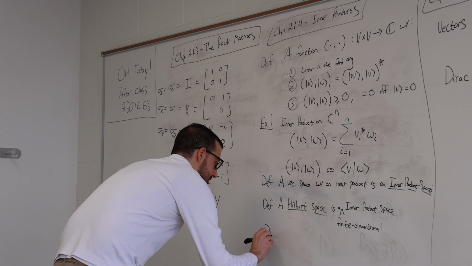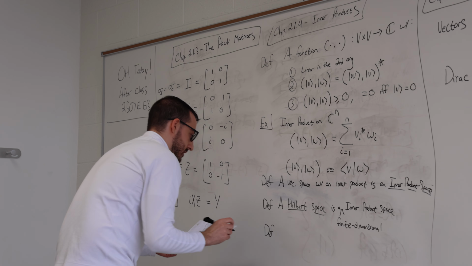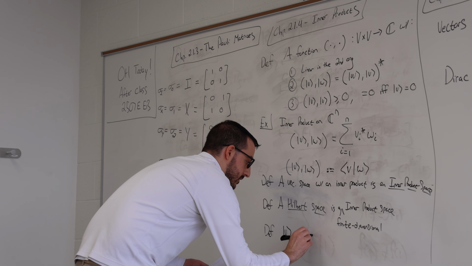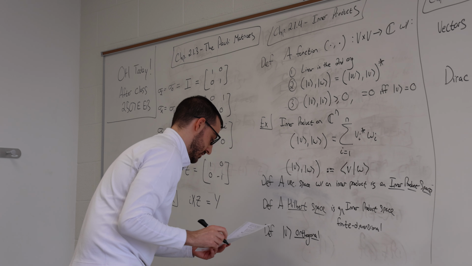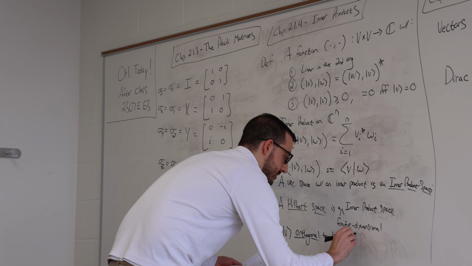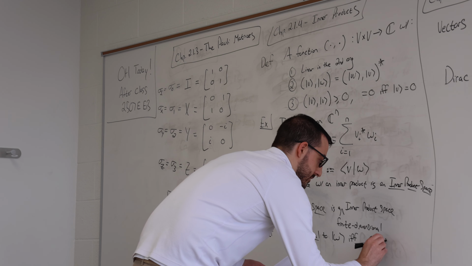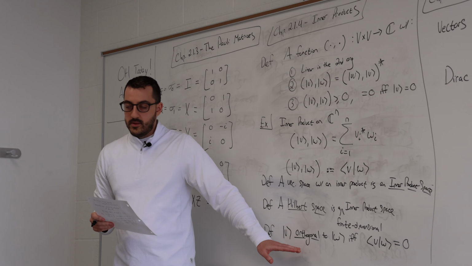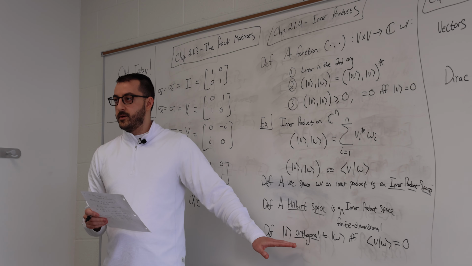Another definition that's important, just notation, we have V is said to be orthogonal or perpendicular to W if and only if their inner product is 0. Does anyone know? So we use two terms for this, orthogonal and perpendicular.